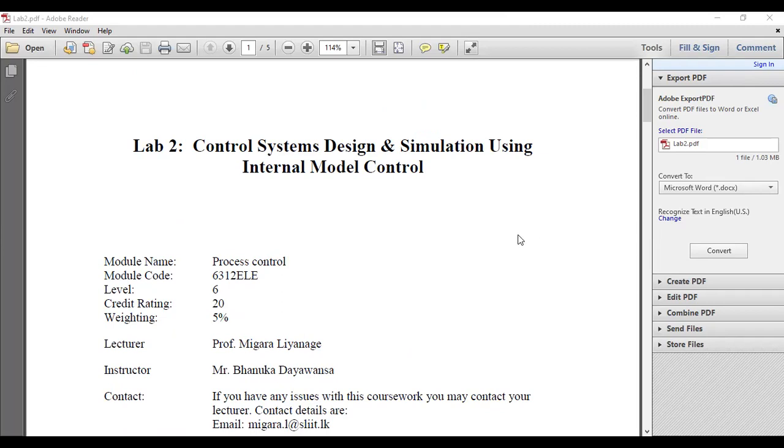In MATLAB Simulink, I gave a recap for you all to recall whatever you had done earlier in MATLAB, like how to create a basic block diagram model, how to create a closed loop control system, how to implement a PID controller, then tune it.